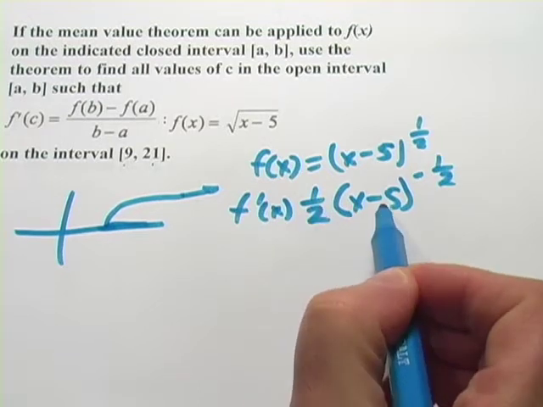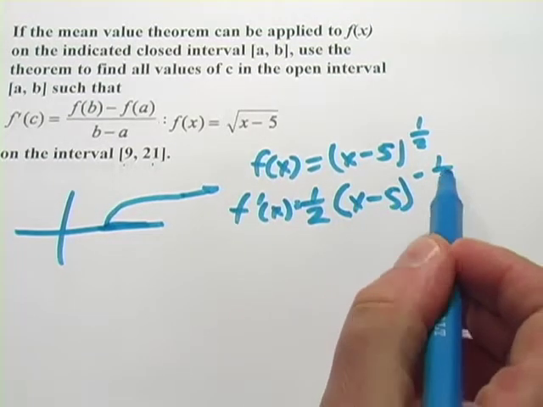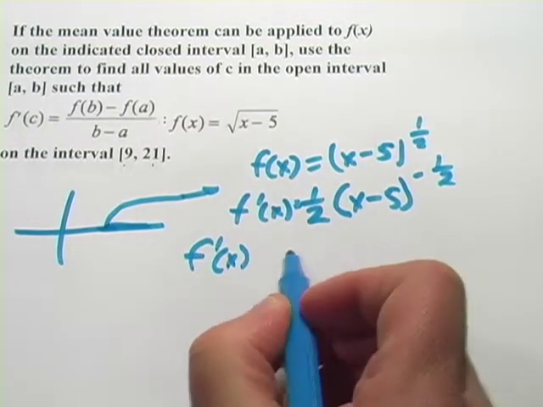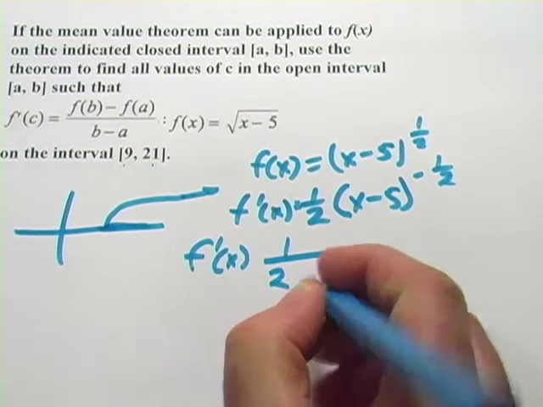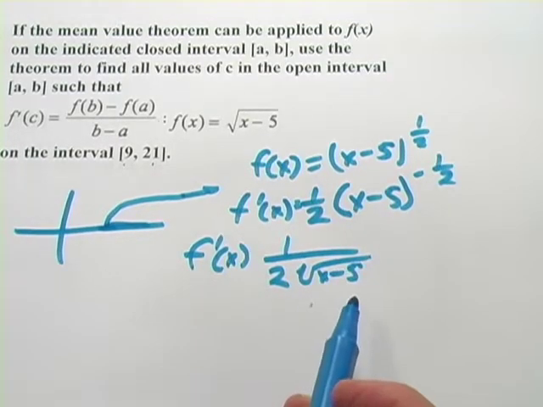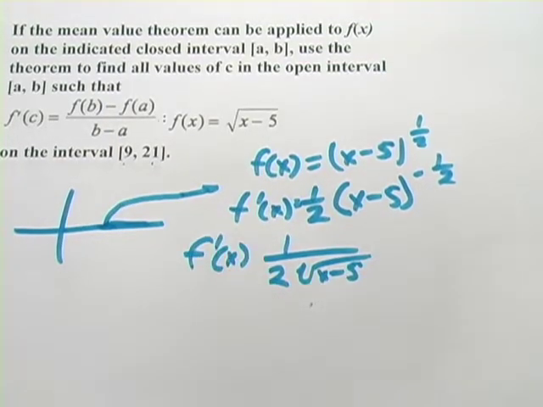So we have 1/2 x minus 5 to the negative 1/2, and we could rewrite that as 1 over 2 square root x minus 5. So that's our derivative.